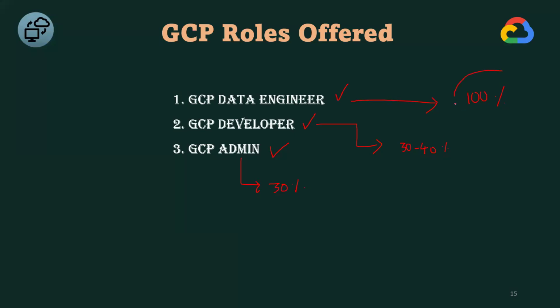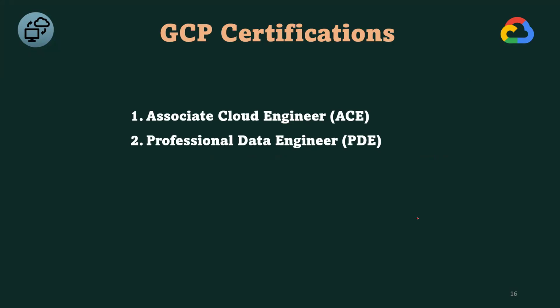But for those who wanted to become a GCP data engineer, this course is very useful, because we are going to cover 100% of the topics related to GCP data engineering. And what certifications does it provide? There are two certifications: Associate Cloud Engineer and Professional Data Engineer.